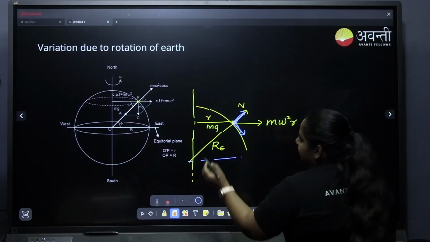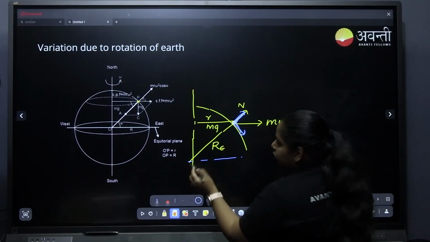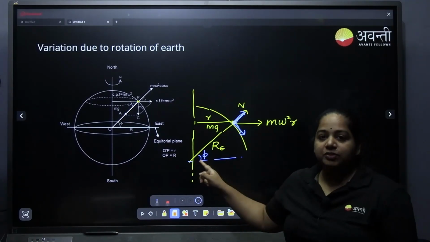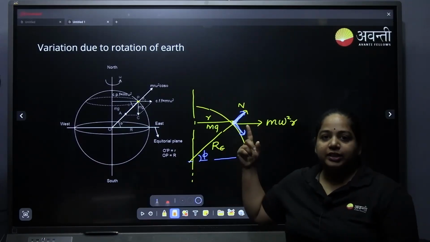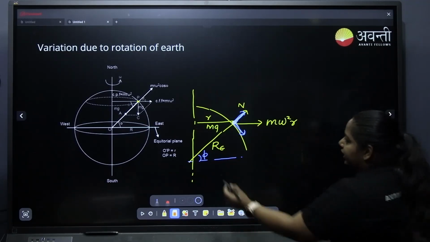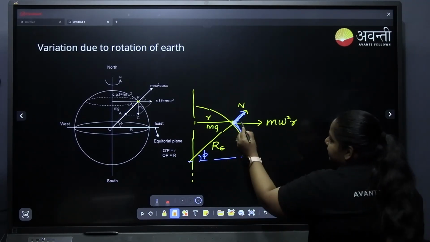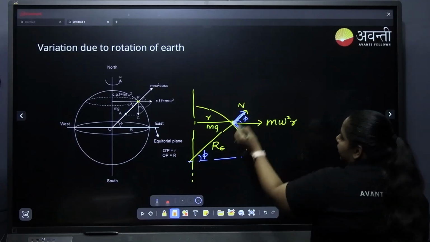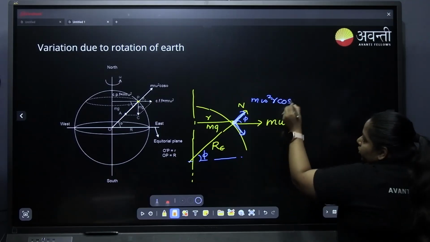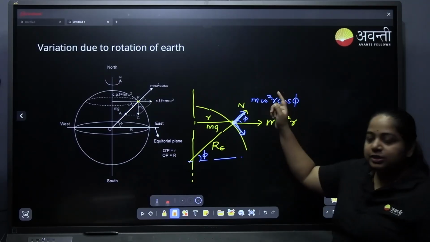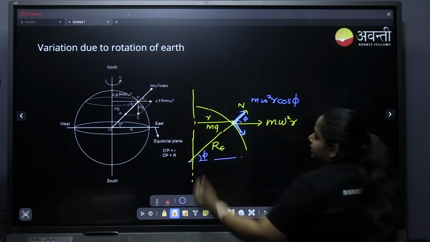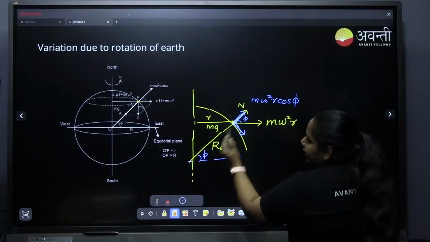If you consider this angle to be phi, the same phi we use in magnetostatics for dip, then this angle will also be phi. So the component along this is m omega square r cos phi. Here it is small r, remember that. Now coming back to comparing r and RE.